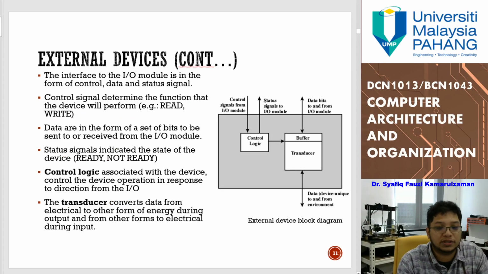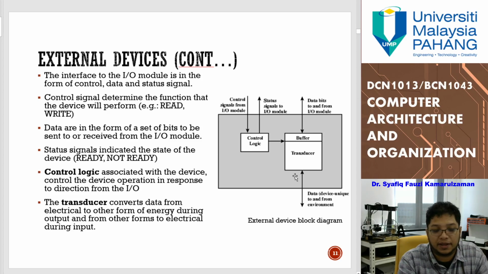For all those external devices, which we call peripherals, the basic architecture is as displayed here. They must have 3 components: a transducer, a buffer, and a control logic. The transducer is responsible for getting information from the environment.